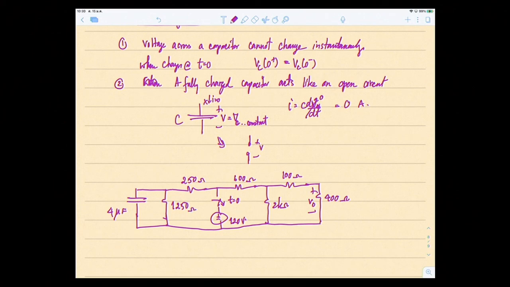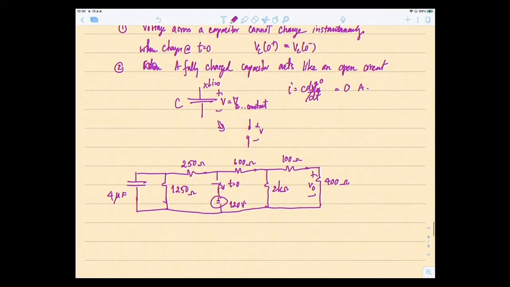So this is the problem, and what do I want to find? I want to find V across the capacitor, VC at 0 plus and VC at 0 minus, because the switch changes at t equal to 0. So let's see.